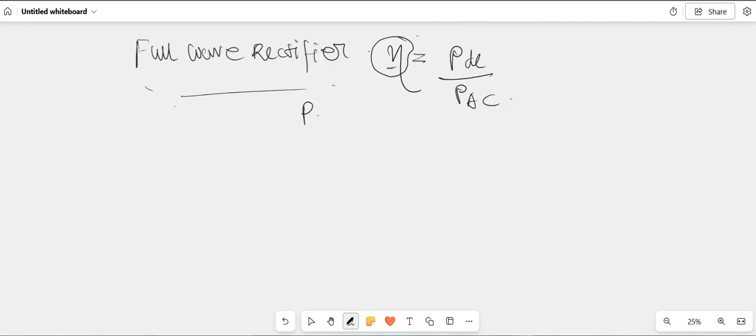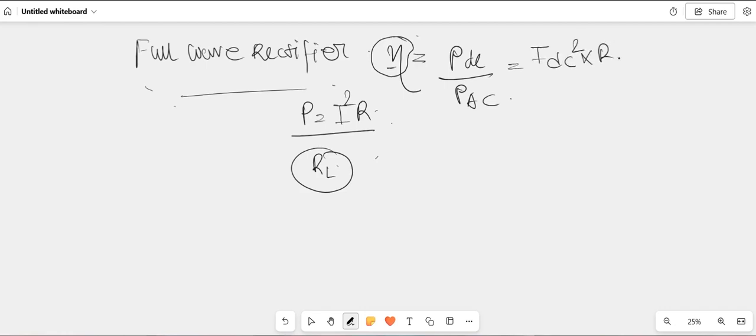And we know P is equal to I square R. So P of DC, this is the output power. If we consider that at the output there is a load resistance which is RL, then P of DC is equal to I DC square into RL. And P of AC is equal to I RMS square, because the input waveform is AC, so we will be writing I of RMS square into RL plus RF.